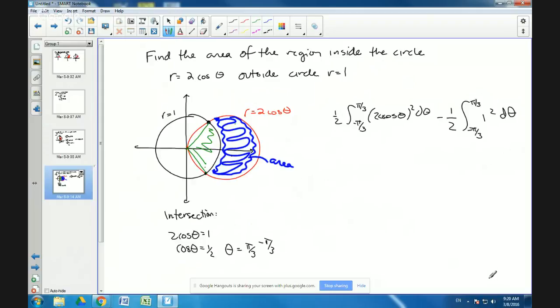You're gonna have an identity to deal with here. So that's 4, right? So we're gonna have a 2. Oh, that one's easy. What's cosine squared? They're usually given in your book. 1/2 (1 plus cosine 2 theta).